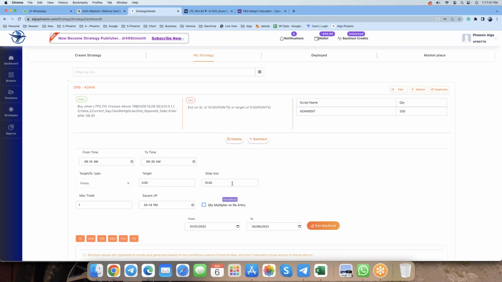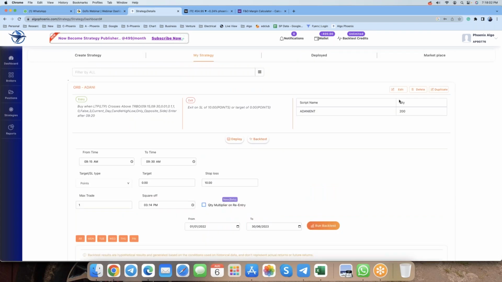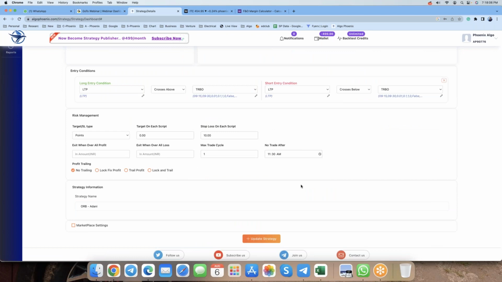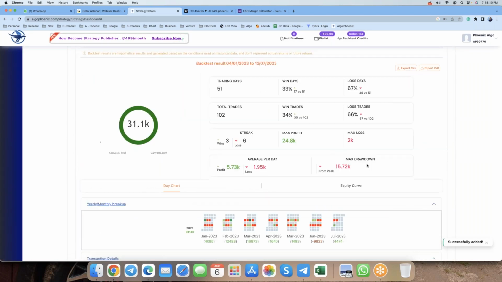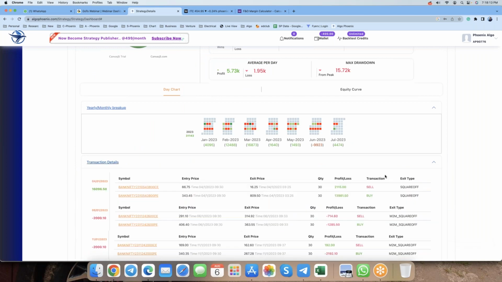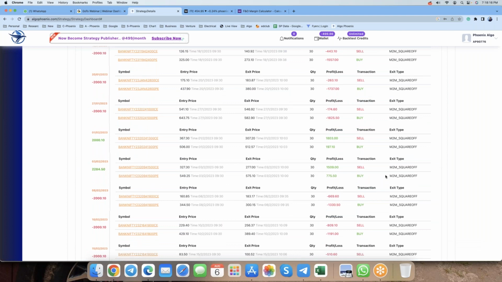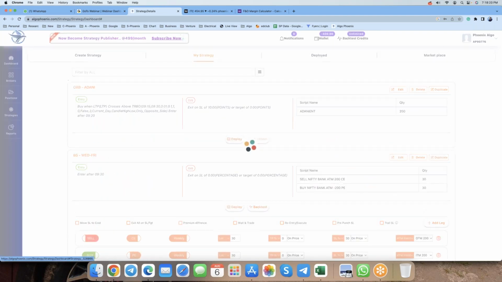I can keep a stop loss, which might reduce my overall losses. Now let me edit the strategy, and let me run the strategy and check what's happening on the data. Let's do the back test here.